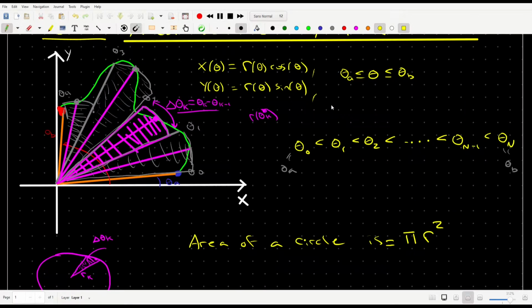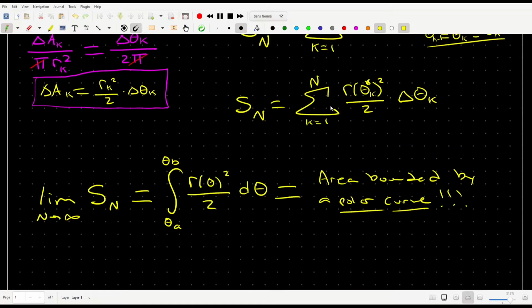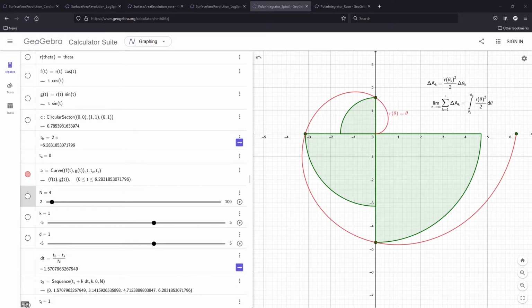And so now the idea is that we want to visualize this. And so what I want to do right now is show you a really good example of exactly what this process is doing, the Riemann sum process. So this is a picture of the spiral with r of theta equals theta.